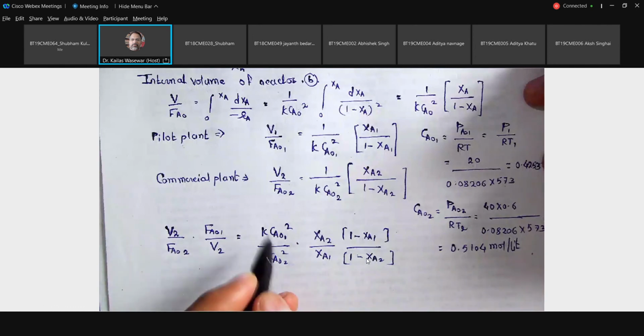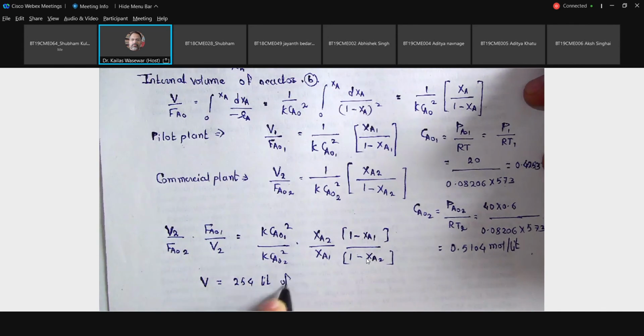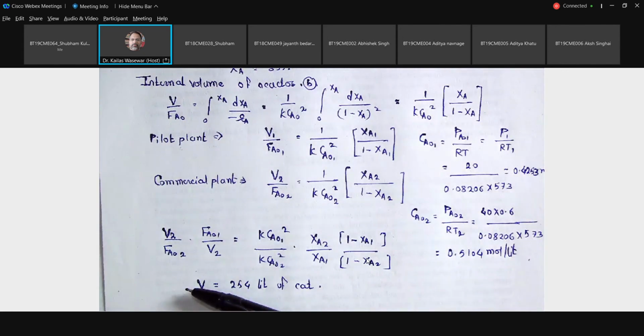So K will get cancelled, all other values are known. So you can calculate the V is the 254 liter of catalyst. Okay. So very simple, that simply based on your CRE 1.